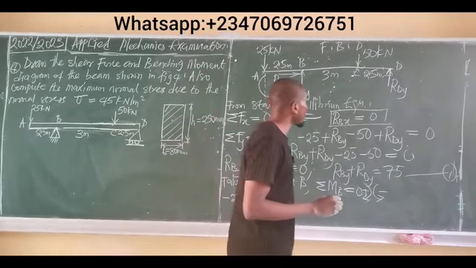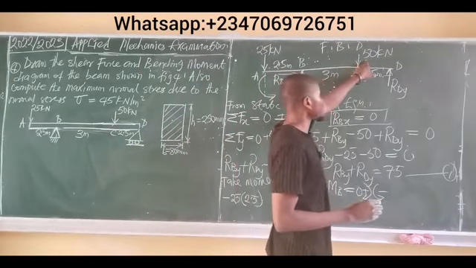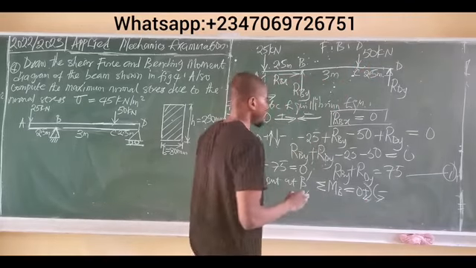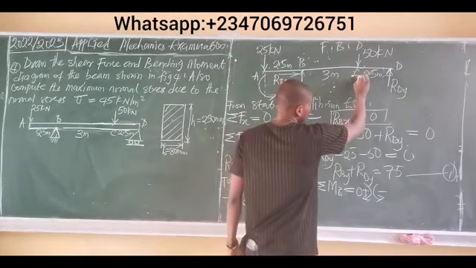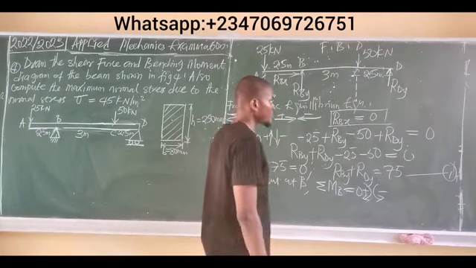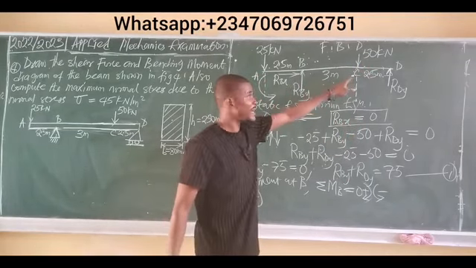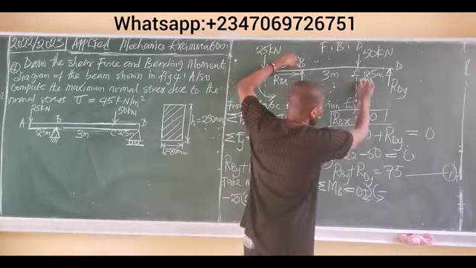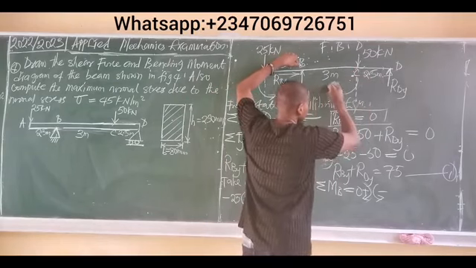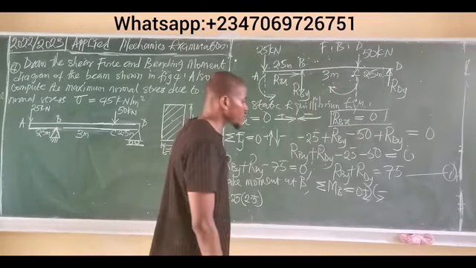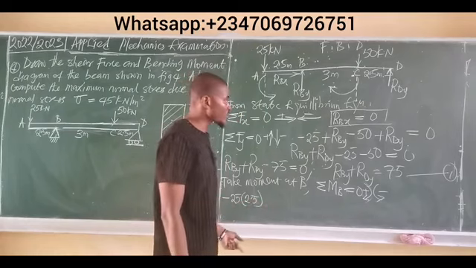Okay, next we move down to the 50 kilonewtons force at point C. This force is acting downwards, which means the line of action of this force will be coming downwards. Now, I want to take moment of this force about point B. That means this force will turn in this direction to take moment at point B. Is this clockwise or anti-clockwise?